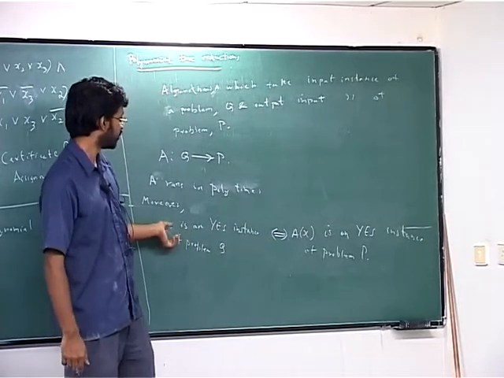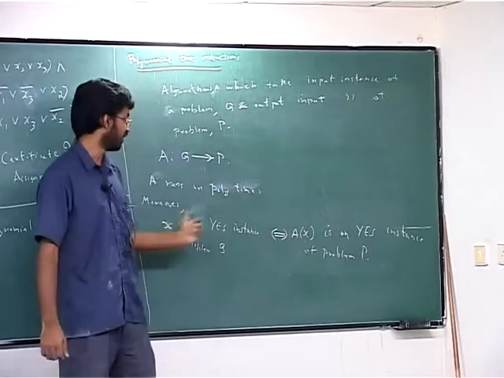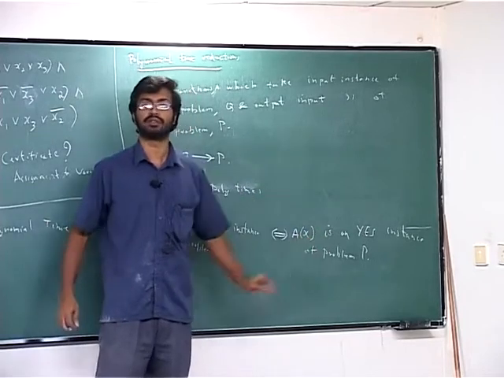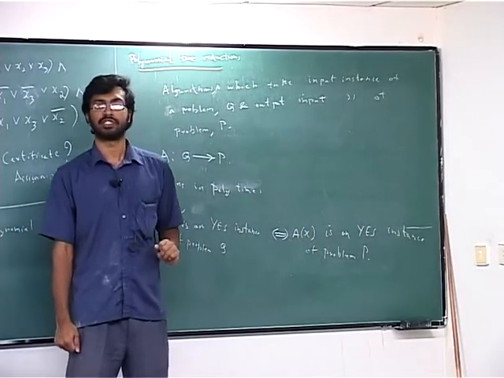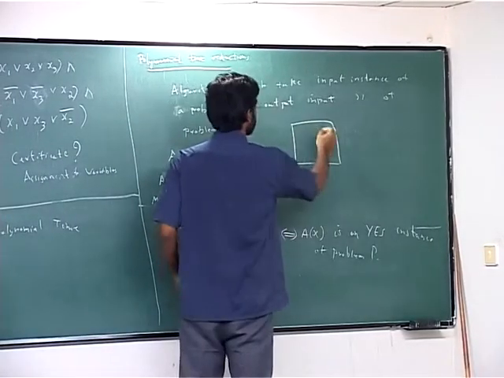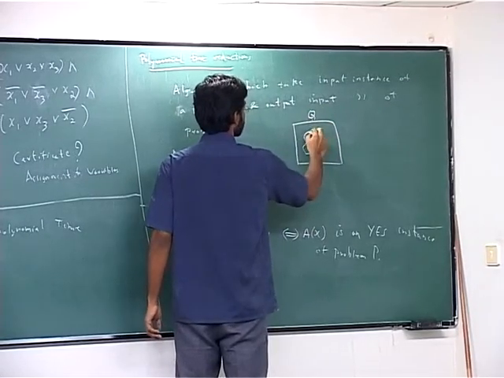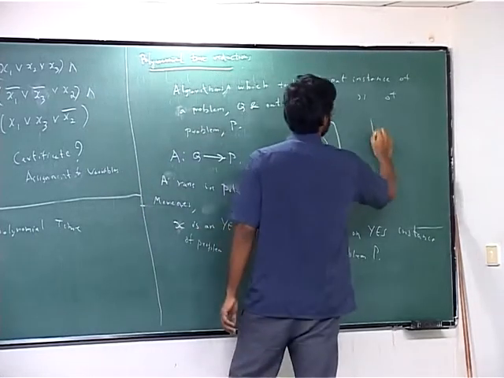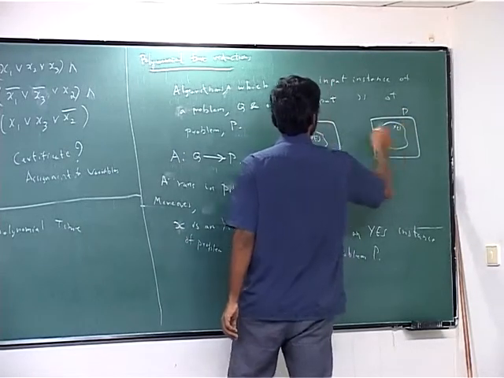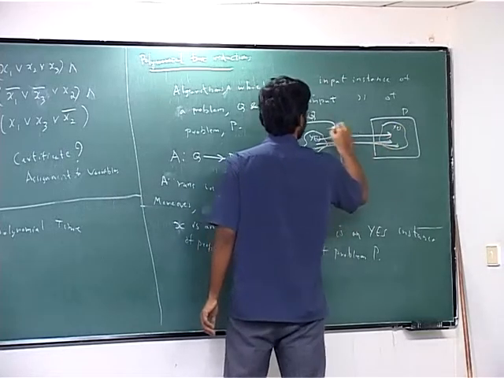So a yes instance of problem Q is mapped to a yes instance of problem P and vice versa, and that means no instances of problem Q are mapped to no instances of problem P. So that's clear. Okay. Pictorially you can represent it like this: this is our problem Q, and these are our yes instances, this is our problem P, and these are our yes instances. Whatever is inside should map here, and whatever is outside should map here.